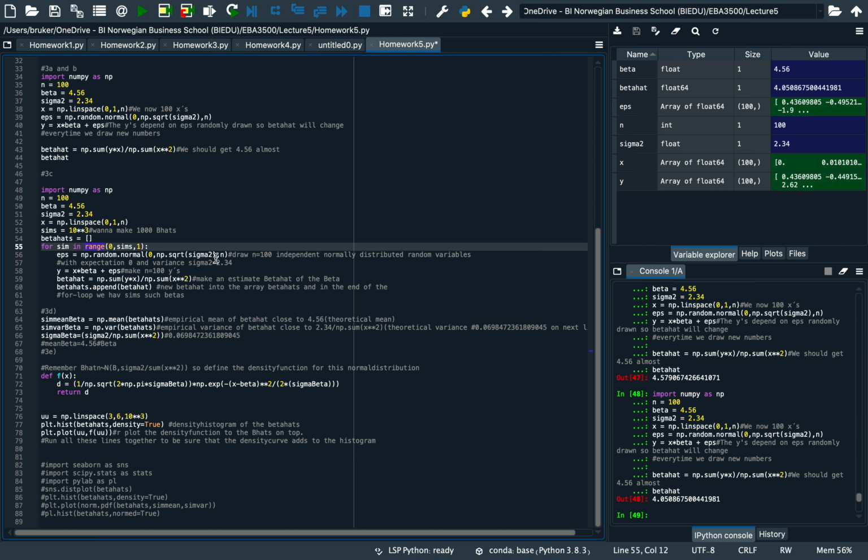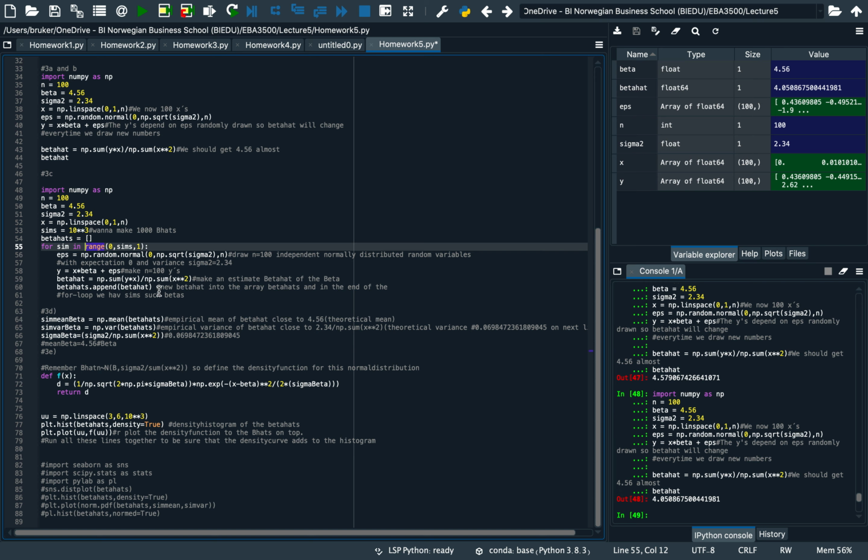If you look in the text, for example in exercise 2 or 1. Then we make the y's, which is just x times beta plus epsilon, just as in 3a. Then I make the beta hat in the same way, the sum of y times x divided by the sum of x to the power of 2.